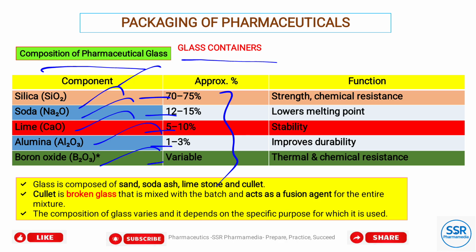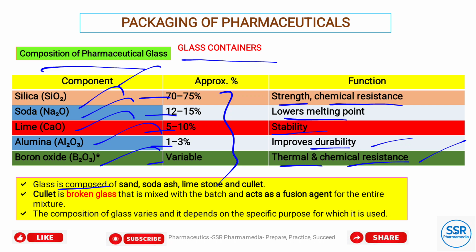The functions of the components: silica produces strength and chemical resistance, soda produces a lower melting point, lime produces stability for the containers, alumina improves durability, and boron oxide produces thermal and chemical resistant containers.